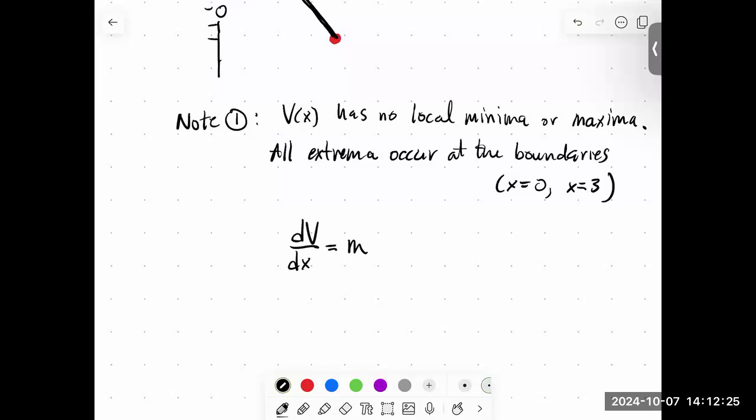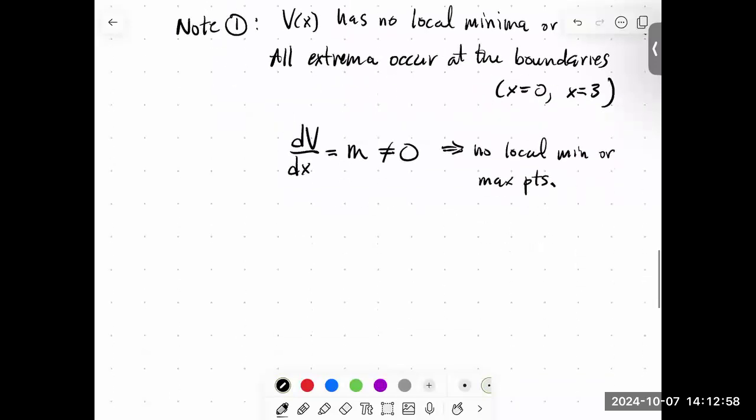Yeah, that's right. So if we take the derivative of our solution, which was mx plus b, we just get m. And so m's not zero, it's just some constant, some slope that doesn't change. And so this is never equal to zero. And so there are never local minima or maxima. So this is not equal to zero. And so there are no local min or max points.